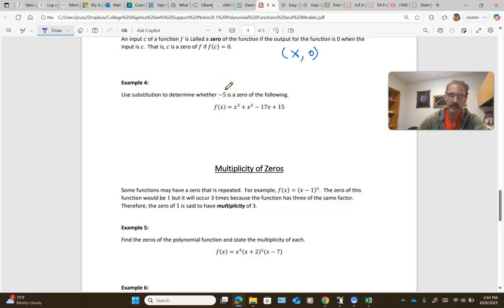That would be another way of verifying it, but the directions say to use substitution. So that's what we're going to do. We want to find f of negative 5.